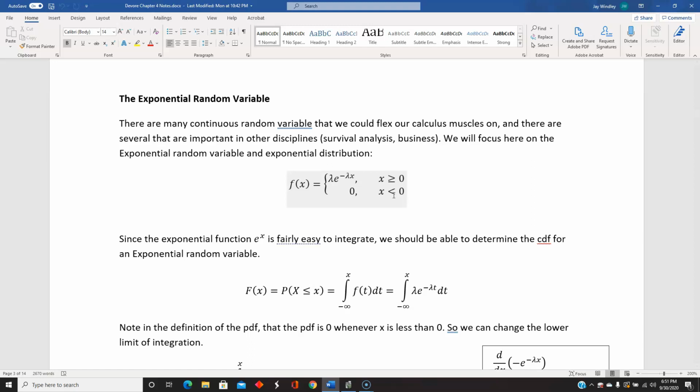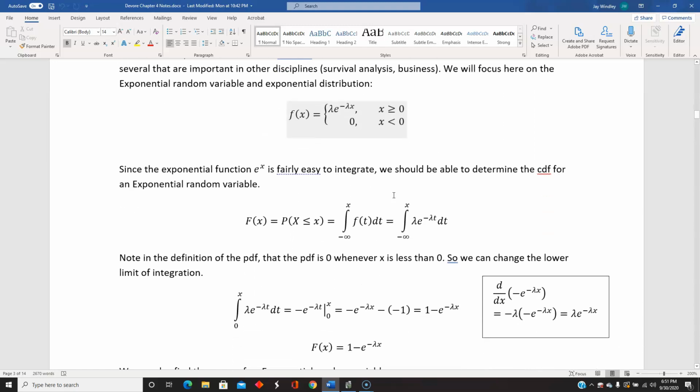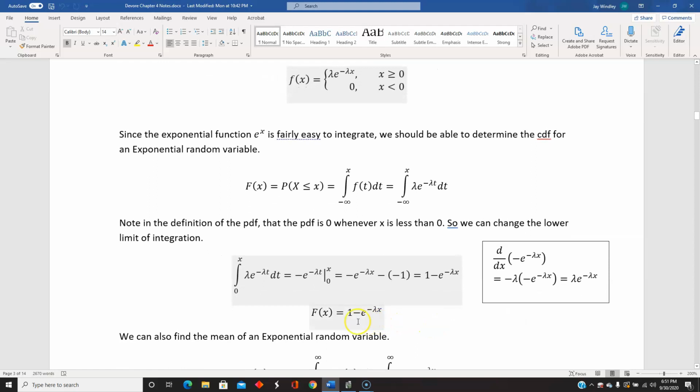So in other words, our function only exists for positive values of x. So we're going to change that lower limit of integration to 0. And then the antiderivative of lambda e to the negative lambda t is negative e to the negative lambda t. Little verification over here. And we evaluate that at 0 and x, and we get 1 minus e to the negative lambda x. So if you don't want to have to integrate on the midterm, then just remember that this is the CDF, and the integration's already been done for us.